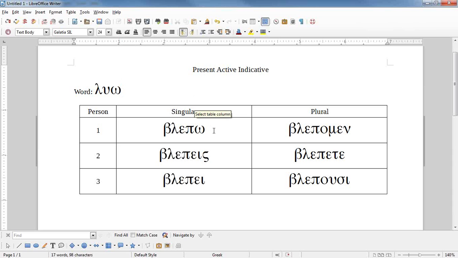Sure, exactly. Actually, let me get a highlighter for you guys here so that I can emphasize it. And come on, mouse, work for me. Okay, so this one, blepo, which means I see. So I see the sun setting.